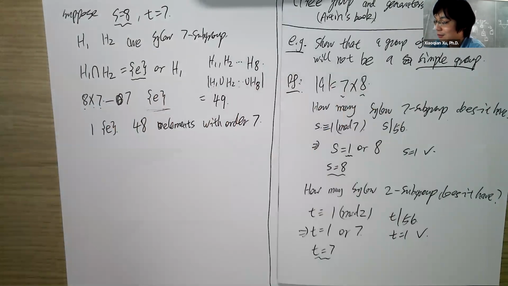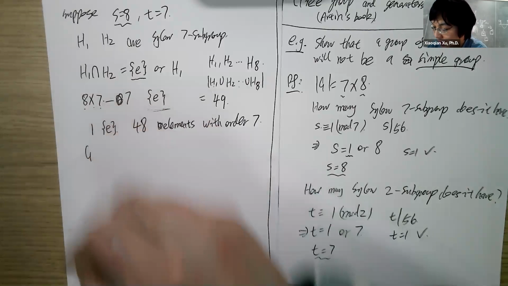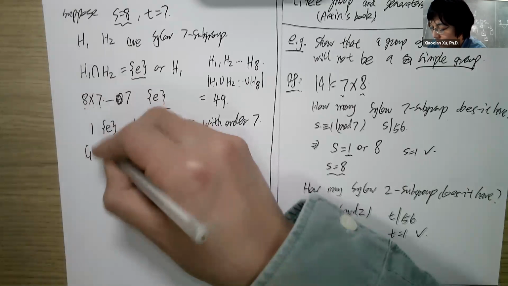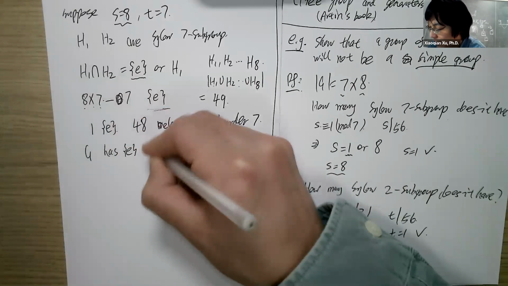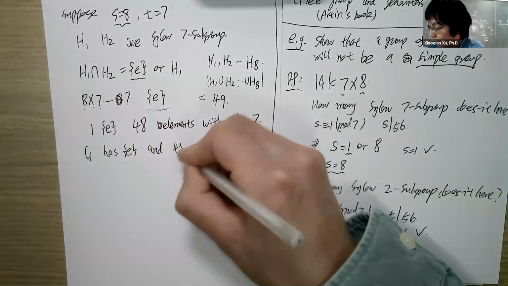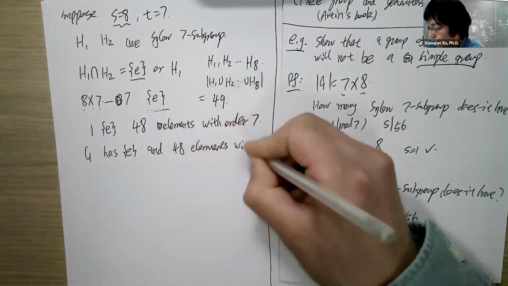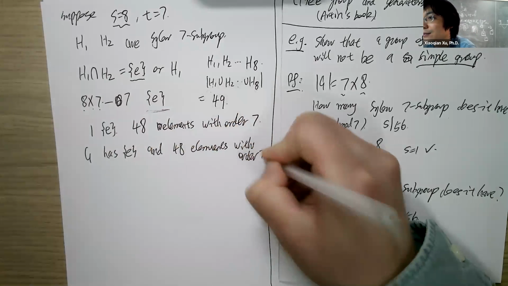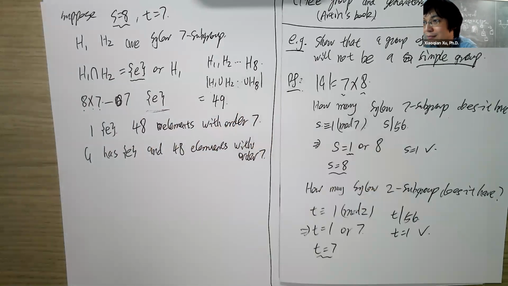All the elements in these groups are of order 7 or the identity. That's a large amount of elements, right? That means G has E and 48 elements of order 7. You have already determined the order of 49 elements of G.